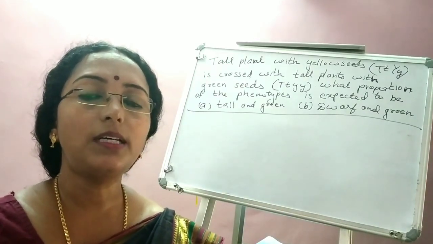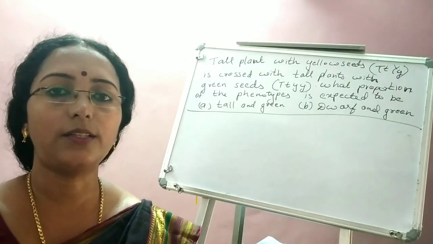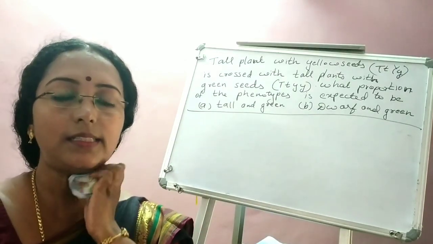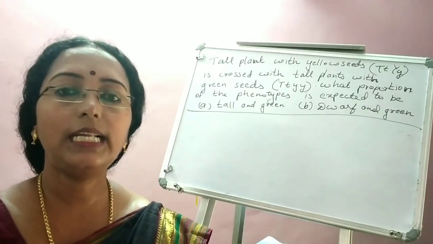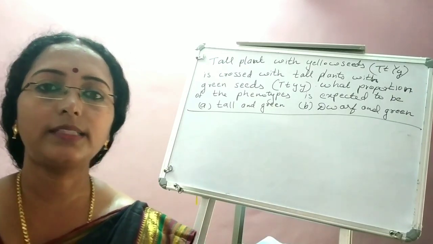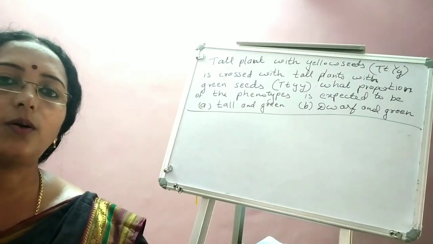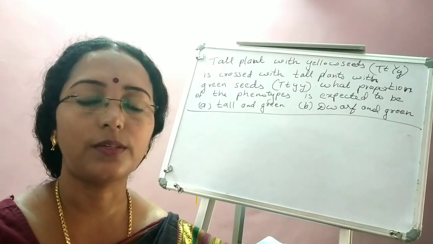Then we learned new terms, homozygous and heterozygous. Homozygous individuals are those in which both the alleles for a character are the same.